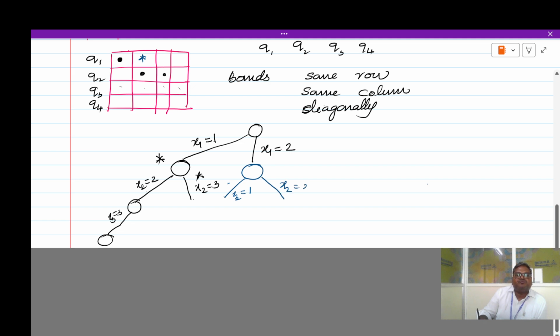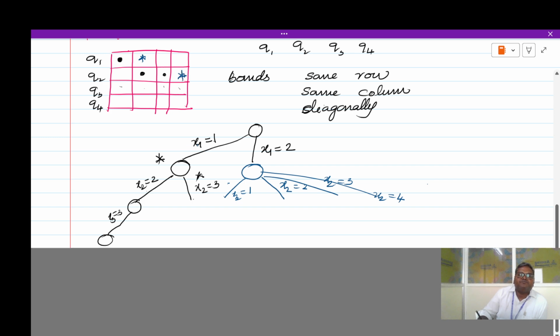X2 is equal to 2, it is the same column, I will not explore it. X2 is equal to 3, diagonal, I am not going to explore it. X2 is equal to 4, I think this is okay.